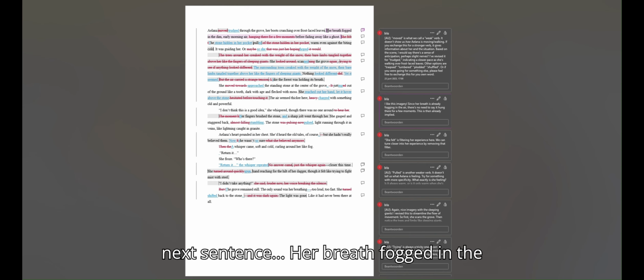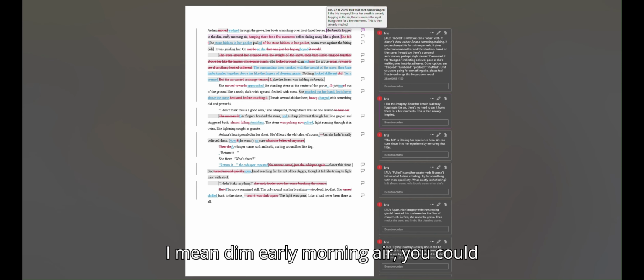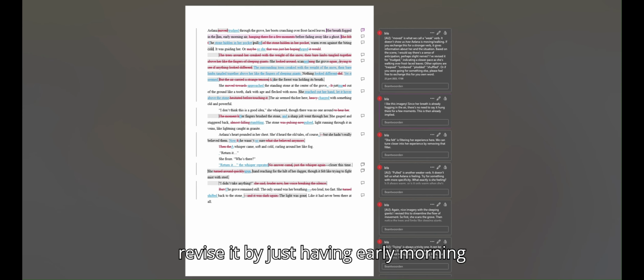Then the next sentence, her breath fogged in the dim early morning air, hanging there for a few moments before fading away like a ghost. I mean, dim early morning air, you could revise it by just having early morning air or just dim morning air, but I don't think there's necessarily anything wrong with it.